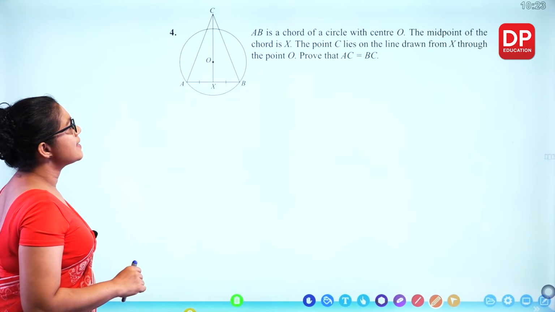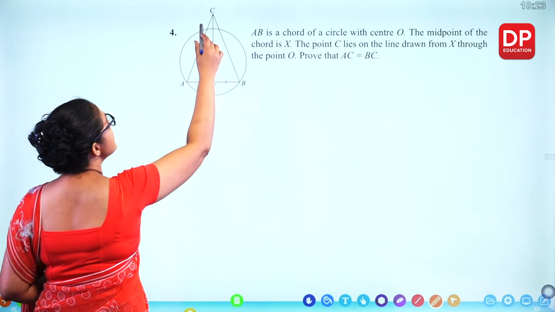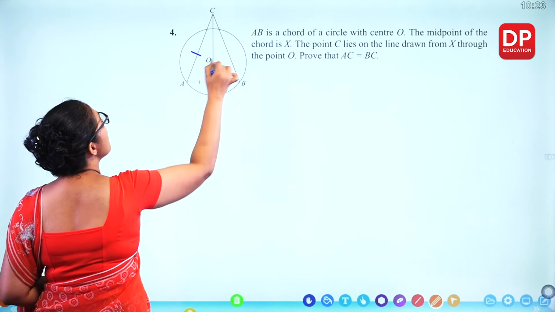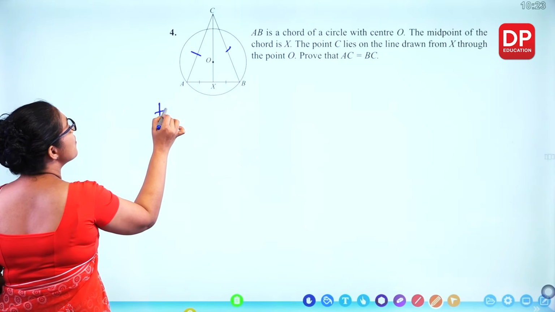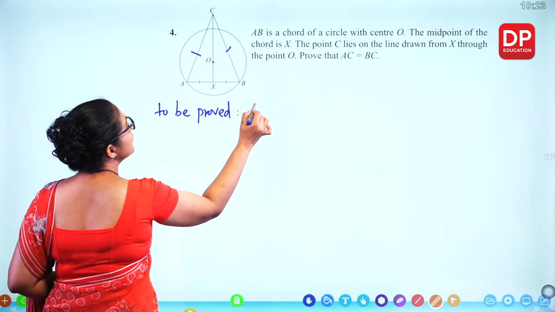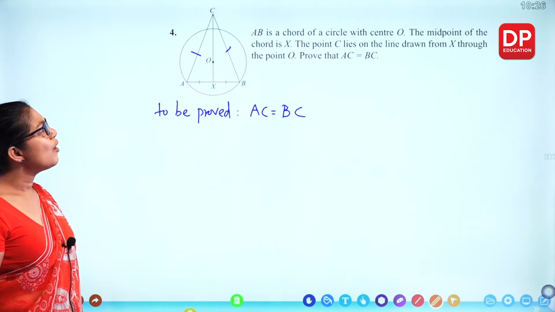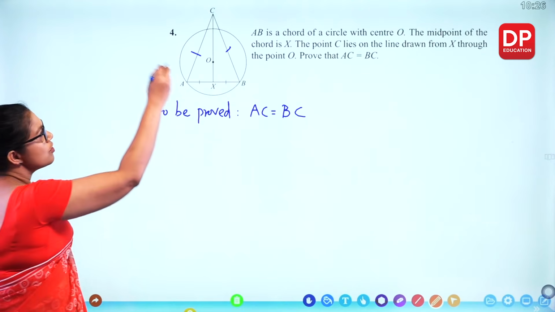Prove that AC is equal to BC. You have to show that, to be proved, AC equals BC.